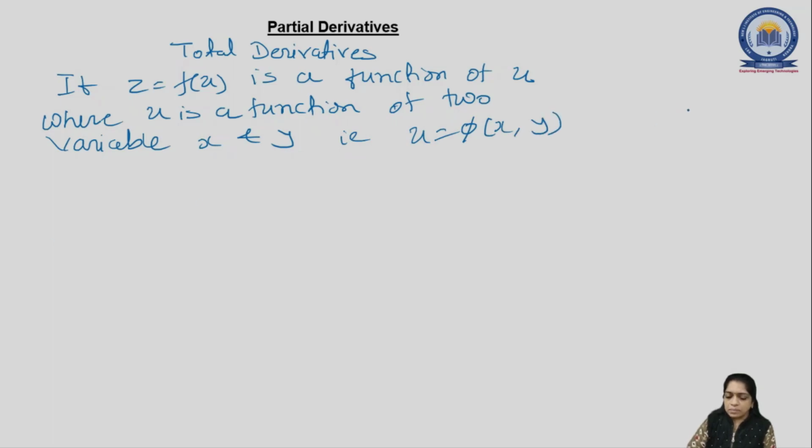Okay, it means here z depends on u and u is a function of two variables x and y.